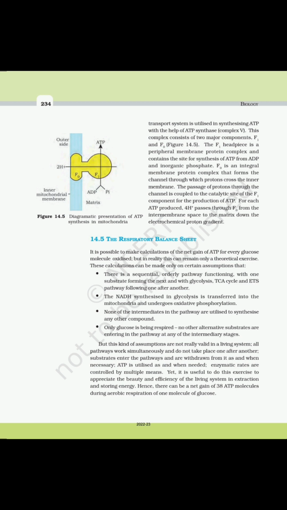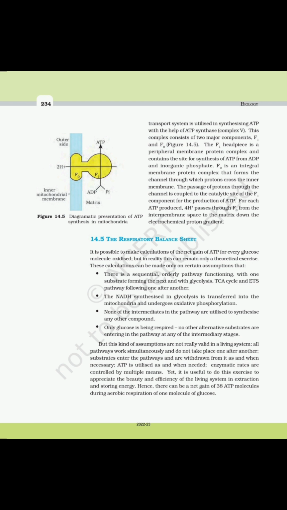14.5 The respiratory balance sheet. It is possible to make calculations of the net gain of ATP for every glucose molecule oxidized, but in reality this can remain only a theoretical exercise. These calculations can be made only on certain assumptions: that there is a sequential, orderly pathway functioning, with one substrate forming the next and with glycolysis, TCA cycle and ETS pathway following one after another.